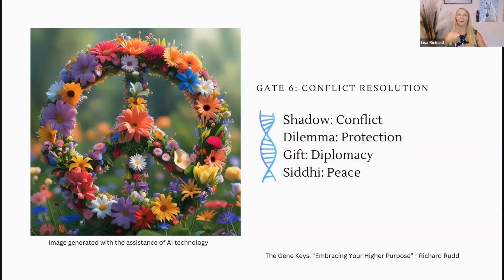That is inner alchemy work, and you are the only one who can do your own self-actualization, who can notice how the shadow energy shows up in you, the lower vibrations, who can move through the teachings of your own protection and how the inner child created that, to then move into the higher awareness of diplomacy, balance, looking at this side and that side, and ultimately coming into the higher aspects of our peace, our flowering, our emptying out in order to be filled, of no longer holding any conflict.